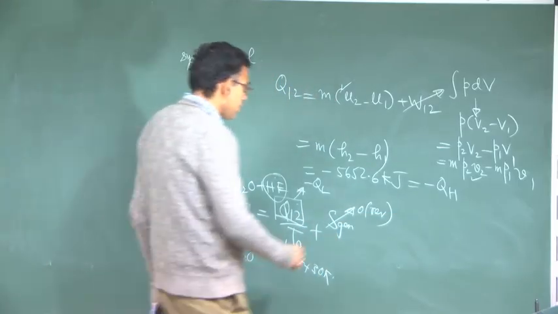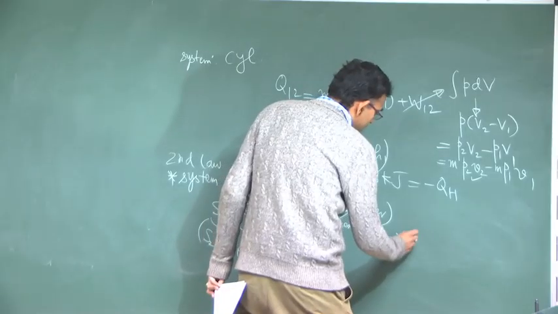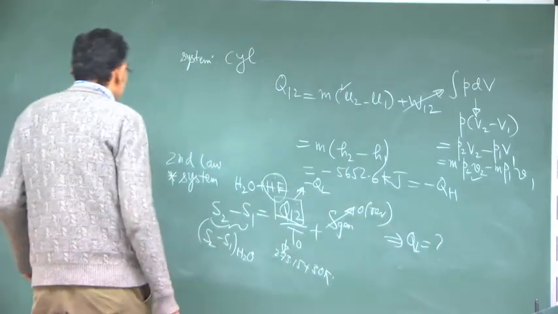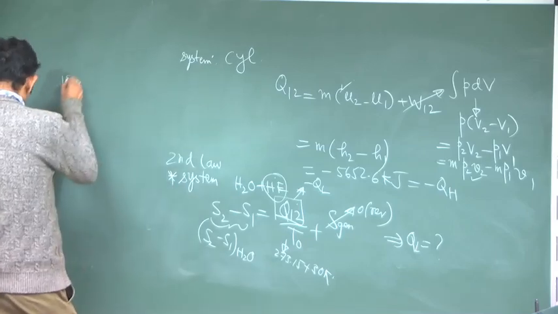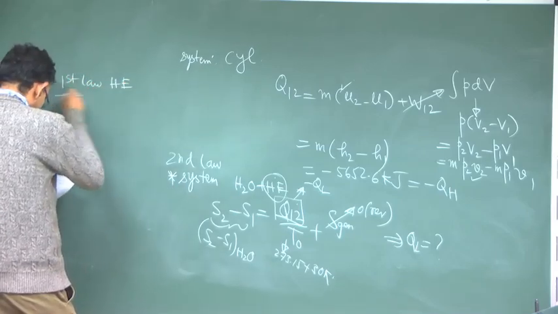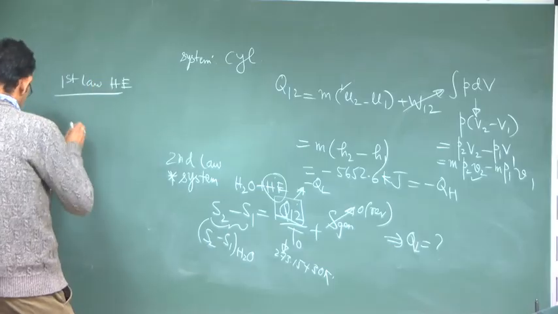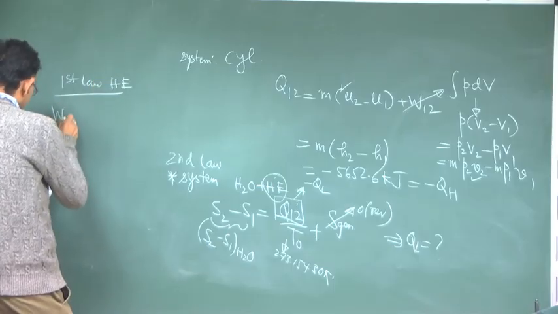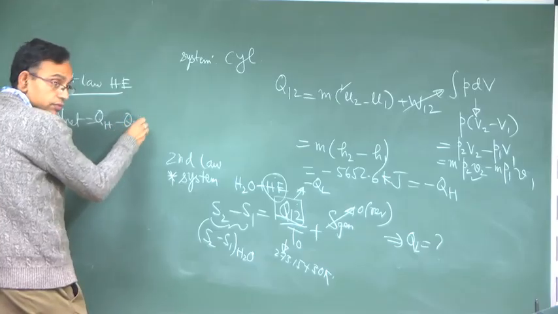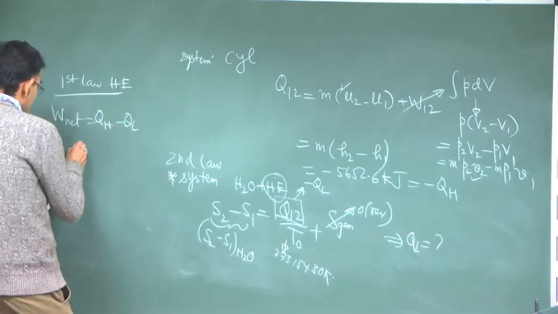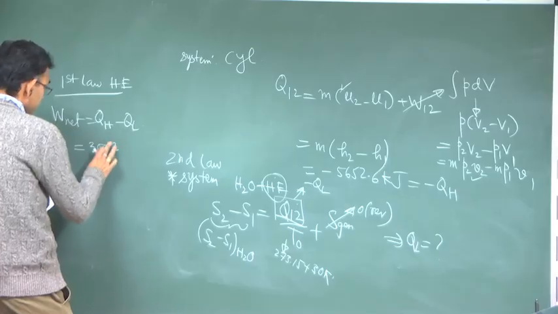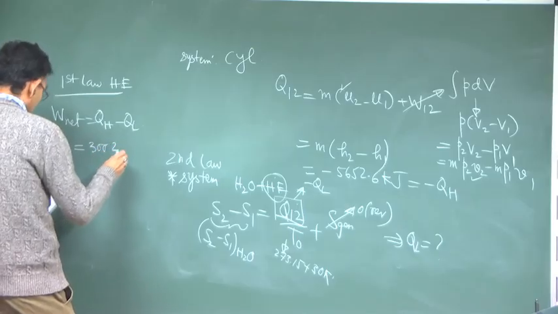So, from here you can find out what is QL, right, and then you apply the first law for the heat engine to calculate the work done. So, W net is equal to QH minus QL. For this problem this is 3002 kilojoule.